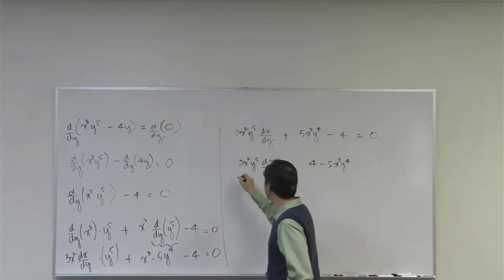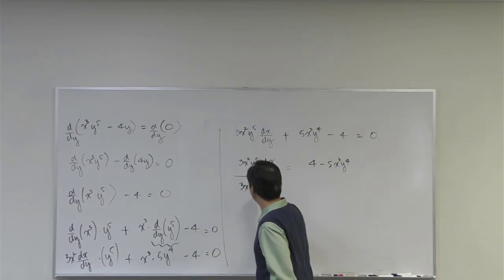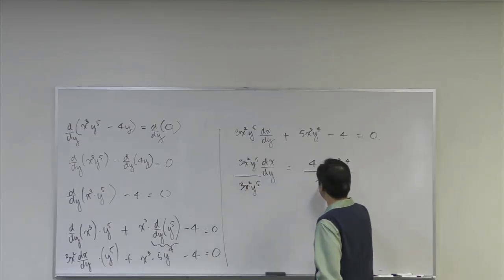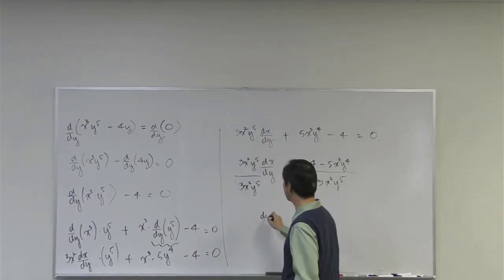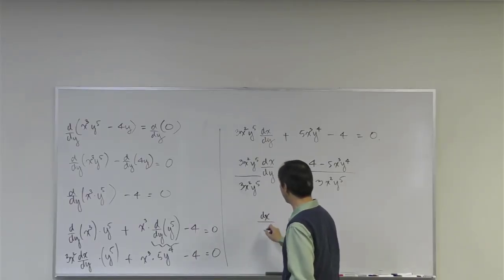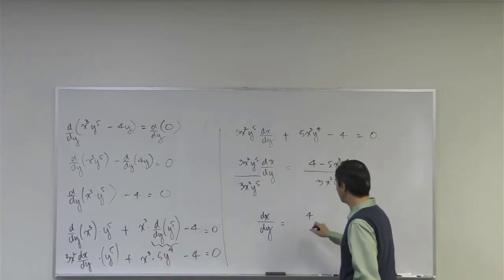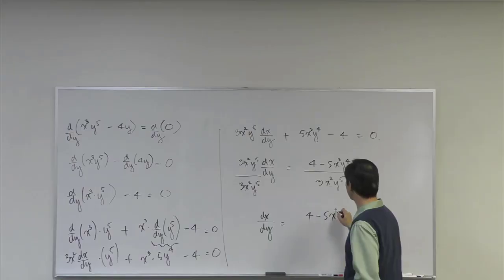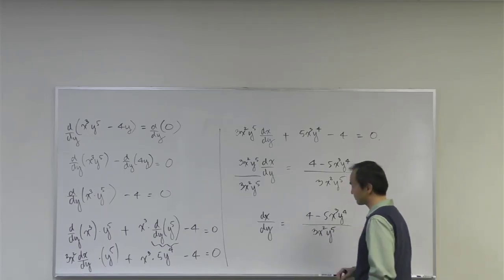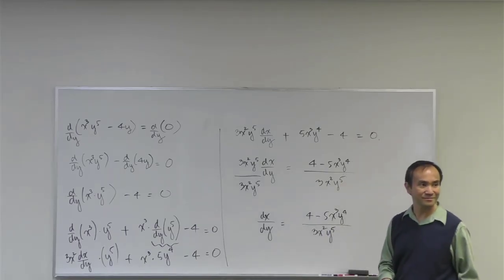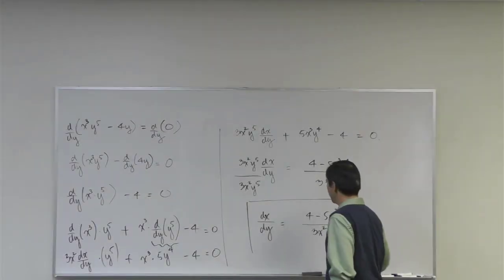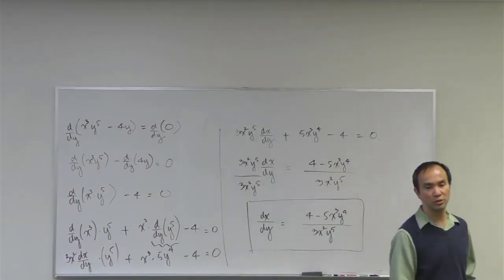Now I'm going to divide both sides by 3x squared y to the 5th. That will make the dx dy equal 4 minus 5x cubed y to the 4th, dividing that by 3x squared y to the 5th. Right. That's our final dx dy.